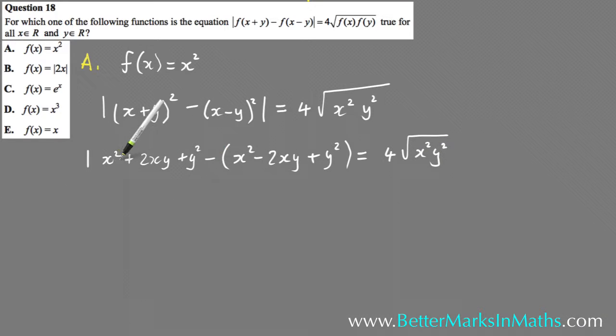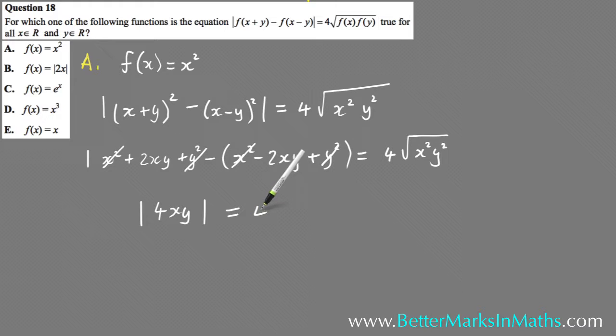And then what you can do from here, the x squared terms cancel out, so x squared minus x squared equals 0, and y squared minus y squared, so those two terms cancel each other out, and then you're left with 2xy minus minus 2xy, which is 4xy, and the absolute value of that.